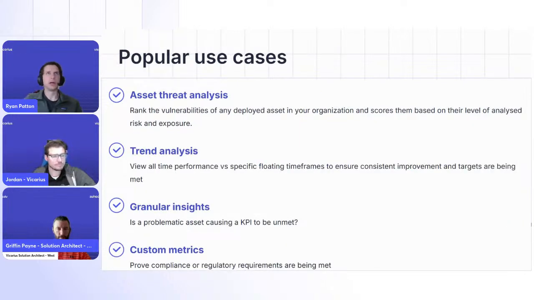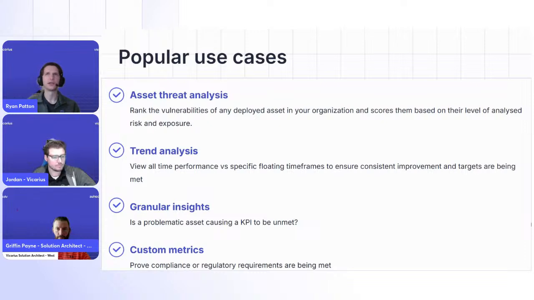And with that, some of the popular use cases that we see, and I alluded to a few already: looking at risks on a specific asset, making a bit more sense of that, ranking vulnerabilities throughout the organization on any asset, not just with some of the metrics that we provide out of the box in VRX, but also adding some kind of a custom lens on that. How can we look at this data in a way that aligns with our business's goals, which might be very specific or require some custom fine tuning?